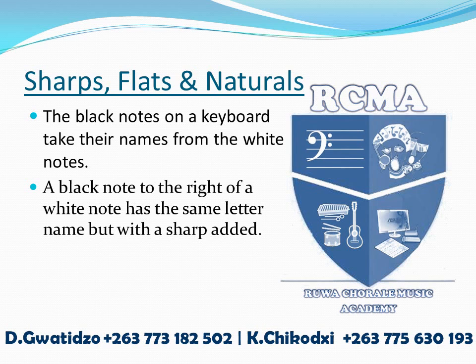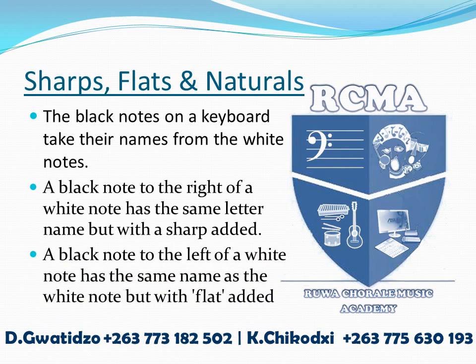Likewise, if a black note is to the left of a white key, it also has the same letter name but with a flat added. So if the key was D, it becomes D flat. And these sharps, flats and naturals are also called accidentals. So also note that. We will start with sharps now.